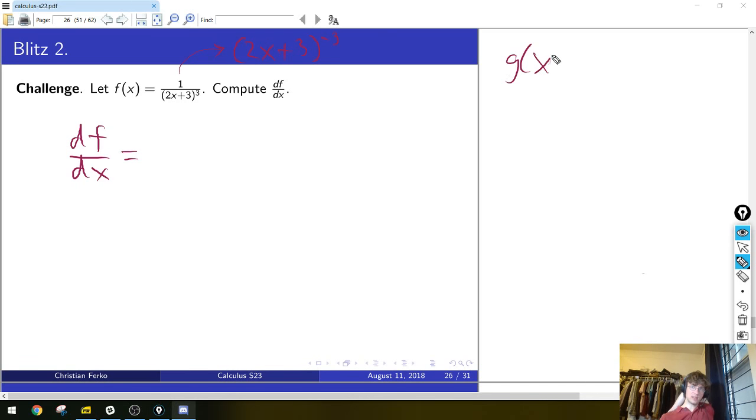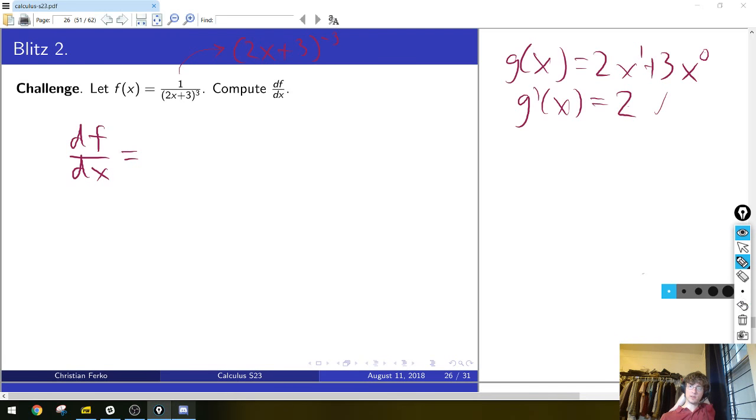Yeah, so you say the inside function is 2x plus 3, and the derivative g prime of x is 2. You can either see that by appealing to our mx plus b result, or you can use the power rule, because you can think of this as 2x to the 1 plus 3x to the 0. So this is 2 times, well, pull down a 1 and subtract 1, you're left with 0. This guy gives you 0. So you can either use the line thing or the power rule.